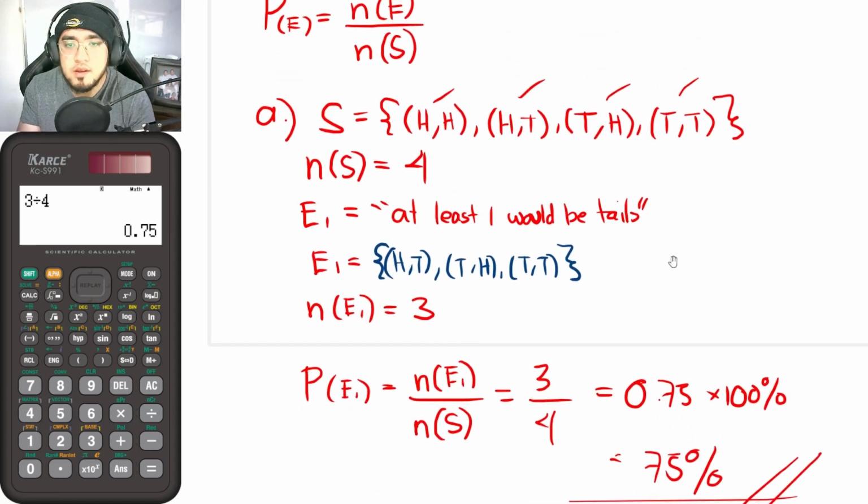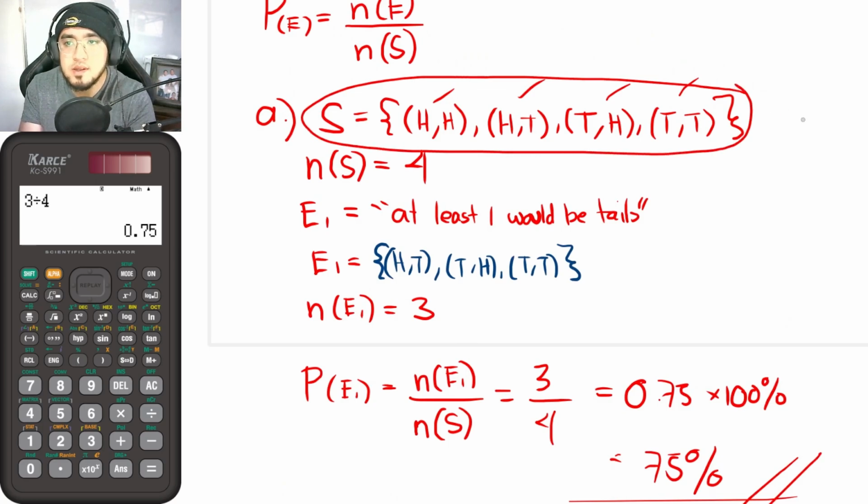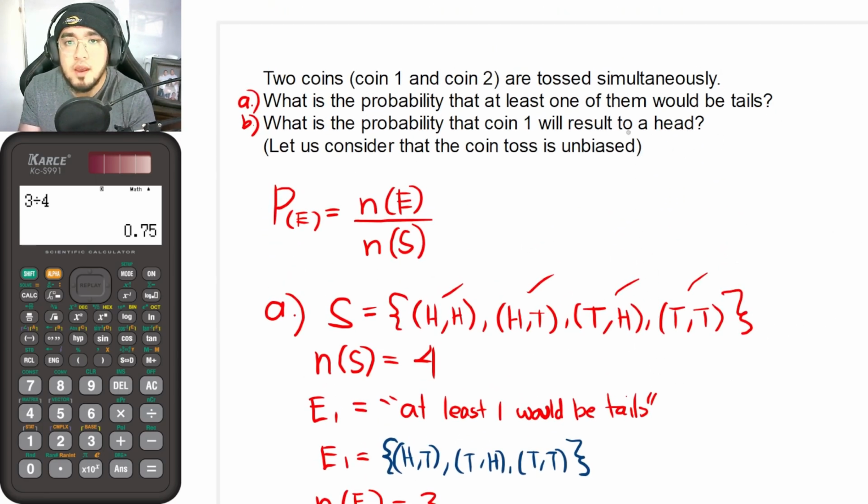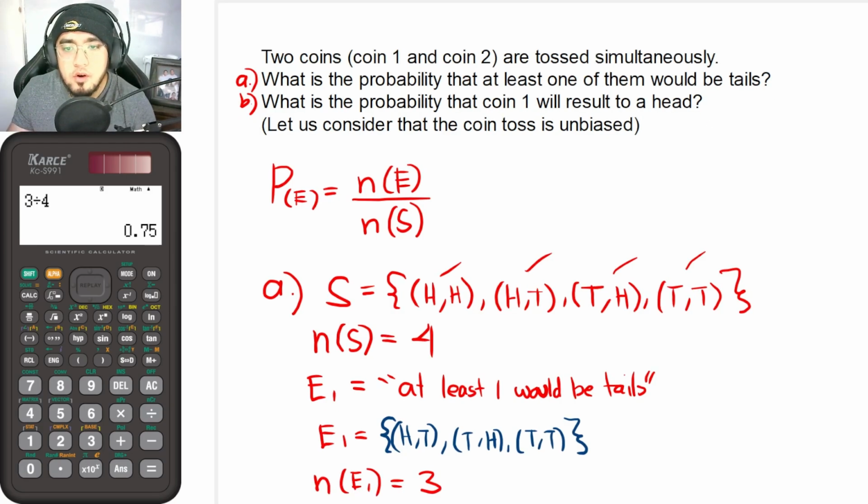So from that, let us now count from the total sample space which of these would have coin 1 as heads. So we will list all of the events wherein the first one will be heads. If we count them, this is just 1 and 2. This is not included, of course, because coin 1 is tails.